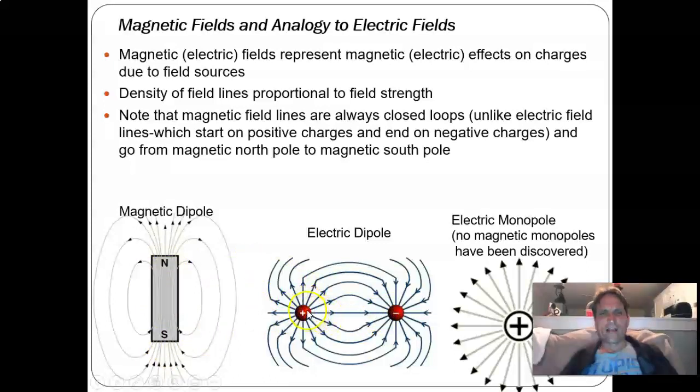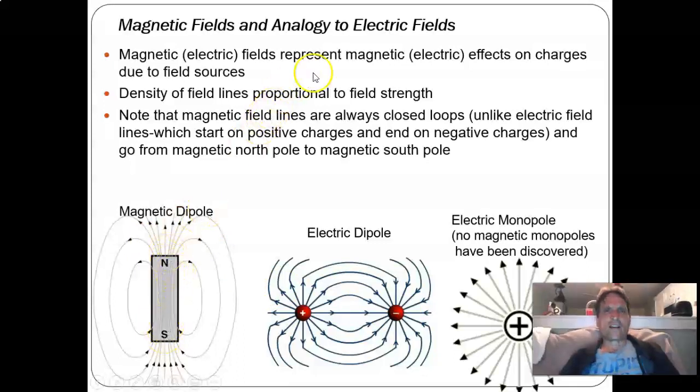Just like the field lines went from plus charges and ended on minus charges, here the field lines go from the North Pole in toward the South Pole. One difference is that the lines form loops. They come back upon themselves inside the magnet, whereas the electric field lines ended on the negative charge. But you have a highest density of field lines near the poles, and that's why the magnetic field is the strongest near the two poles of the magnet.